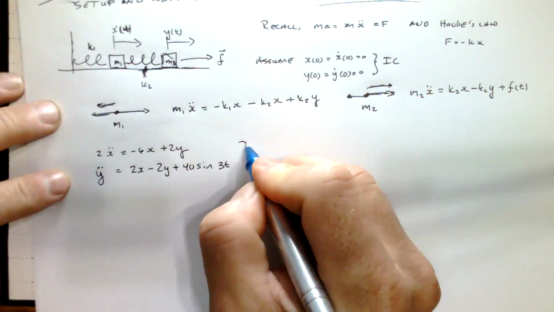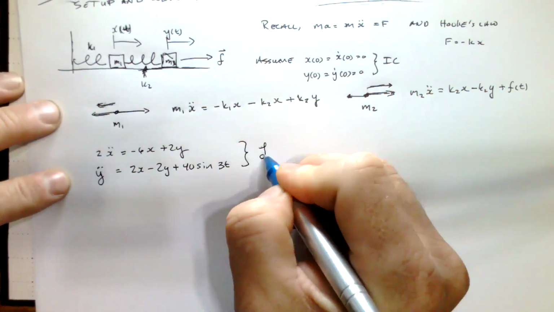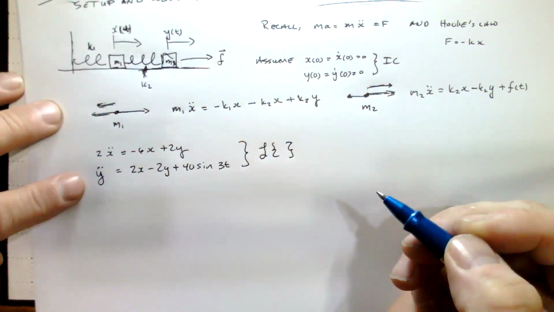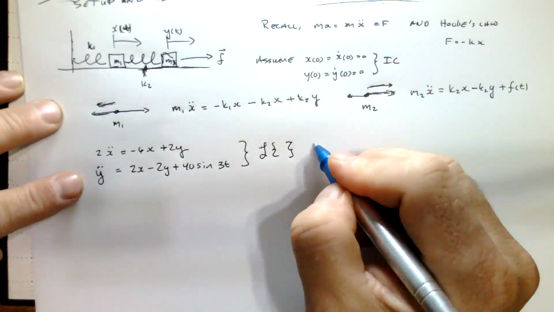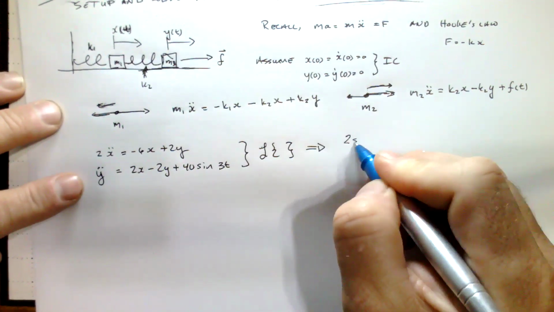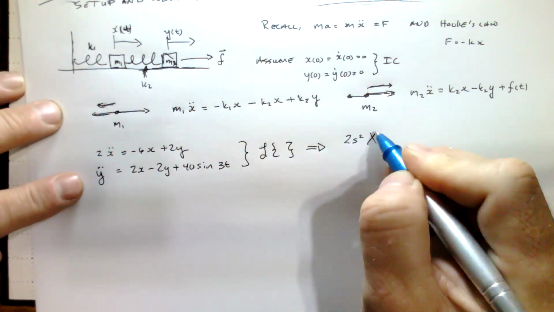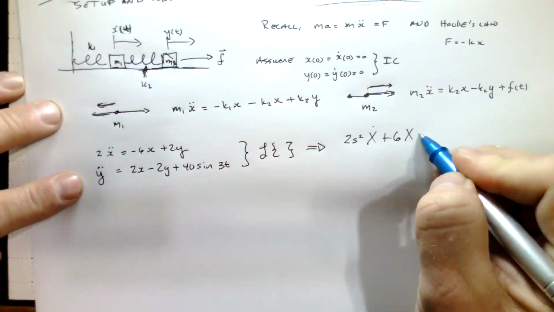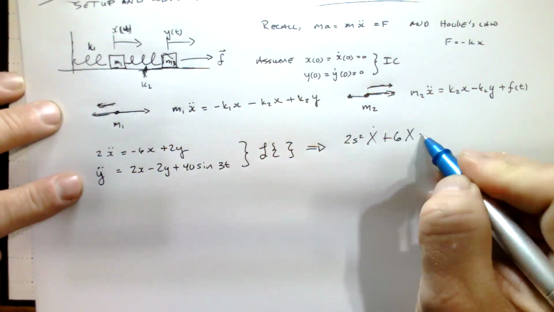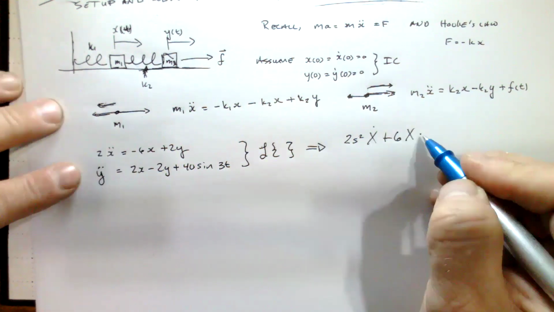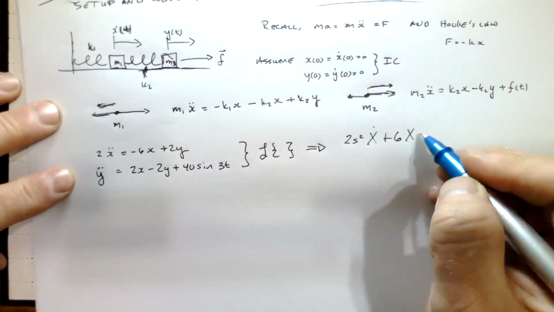We're converting each of these using the Laplace transform to that entire system. If we do that, we get 2s squared X plus 6X minus 2Y equals 0. I'm using the capital X and capital Y to represent the Laplace transform, so this is in s space.